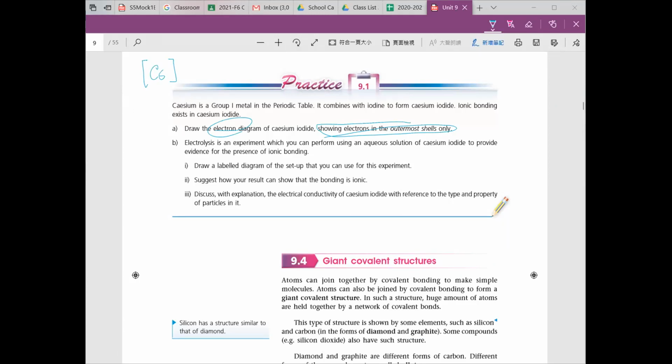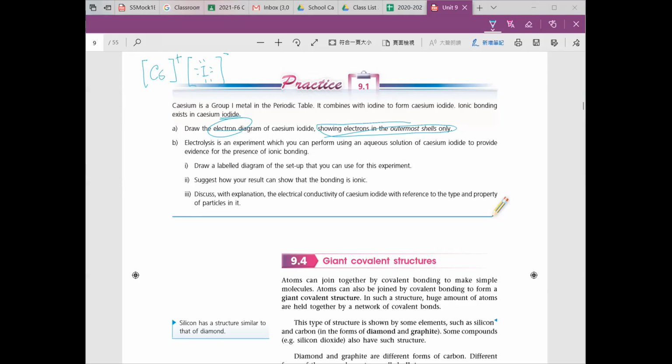What is the charge? 1 plus. So you just mark it as 1 plus. And then iodide, I, and 8 electrons. So how will you show the 8 electrons? All around: 1, 2, 3, 4, 5, 6, 7, 8, like this. Okay. What do the others think?